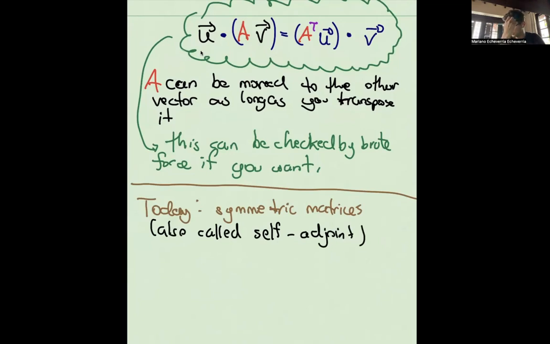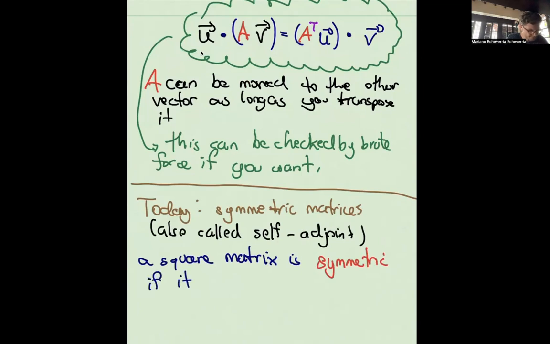These are square matrices that equal their transpose. So a square matrix A is symmetric if it equals its transpose.